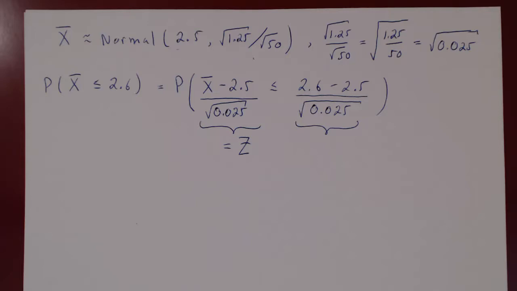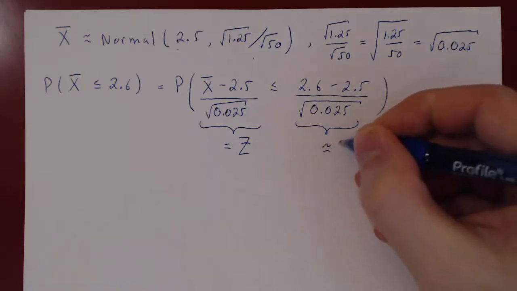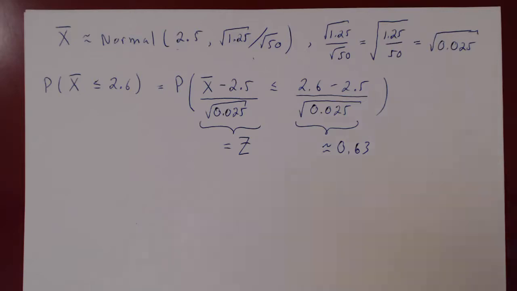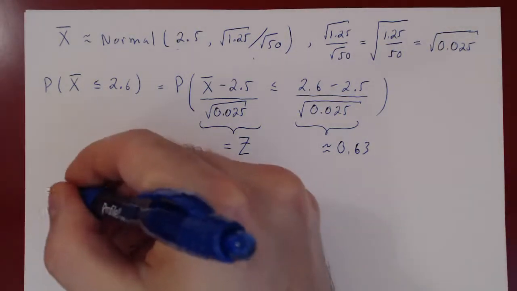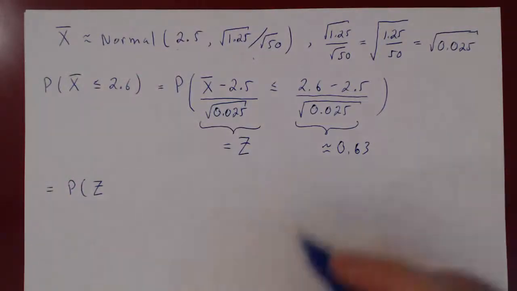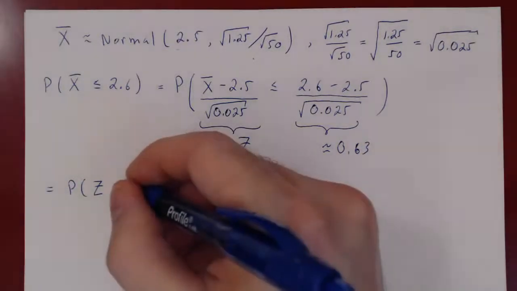So 2.6 minus 2.5 is 0.1, divided by the square root of 0.025 will give you approximately 0.632. So we round to 0.63. And now we're good to go. We are looking for the probability that the standard normal random variable is at most 0.63.